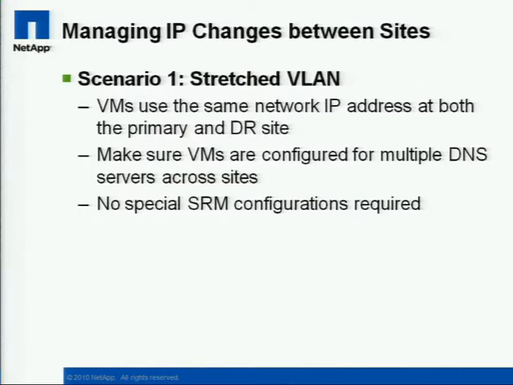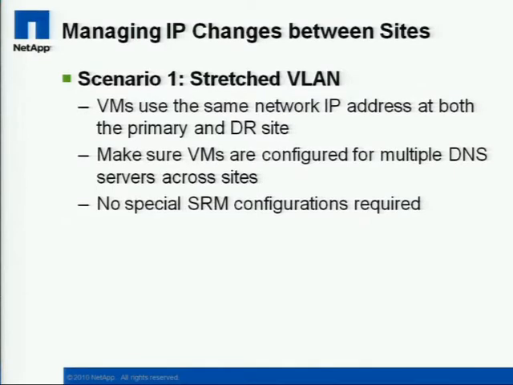There could be two scenarios. The first scenario is a stretched VLAN. In this case, the VMs are allowed to maintain the same IP address across both the sites. You do a failover, so you don't have to change the IP addresses of the VMs. In this case, as far as SRM is concerned, you do not have to change anything.